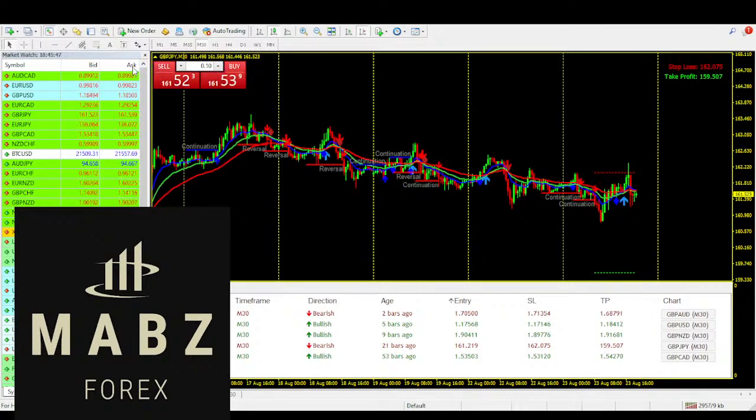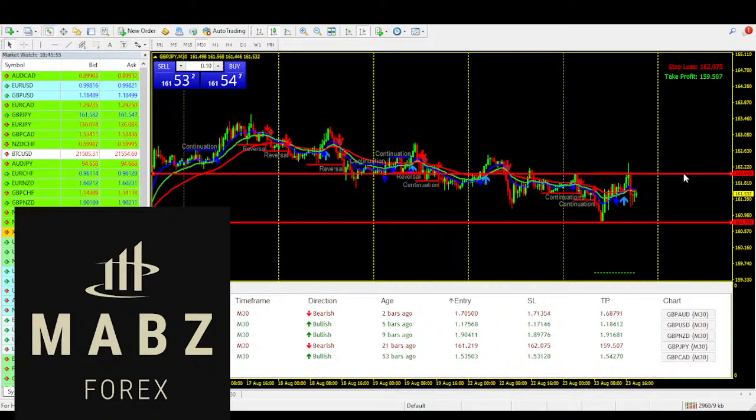So we'll put in a sell stop right there and use these parameters: sell stop at 160.798, stop loss at 162.075, and take profit at 159.507.